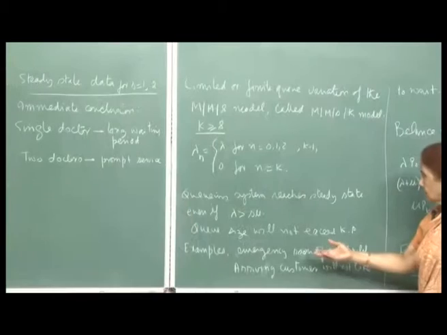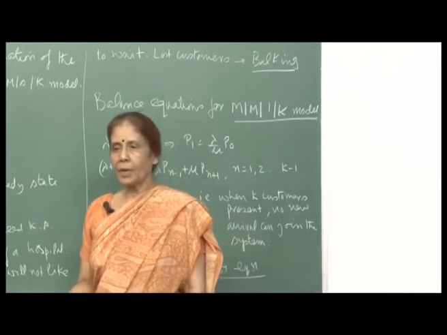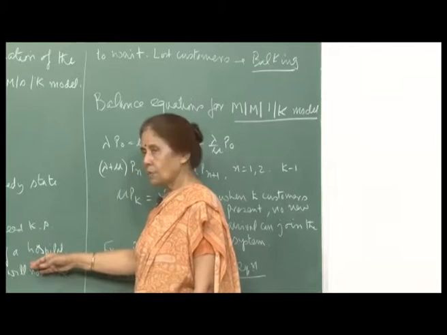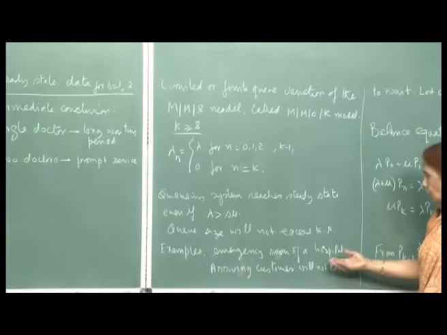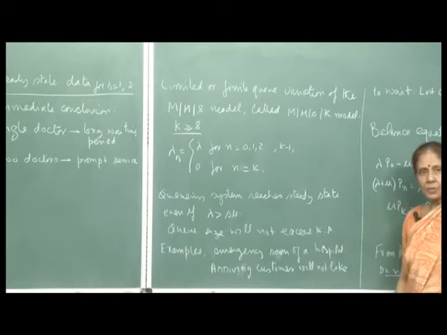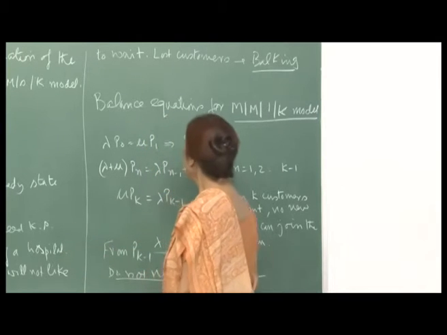And of course, for emergency rooms in a hospital, legislation requires that if you cannot accommodate a patient right away, then you have to send them to another hospital. So, there the legislation requires that you turn away patients if you do not have enough room for them. So, all these considerations are there. Okay.